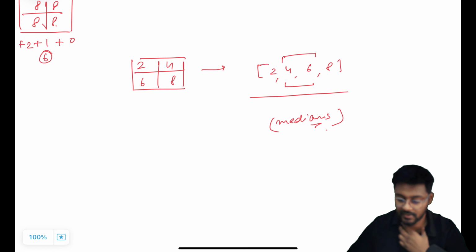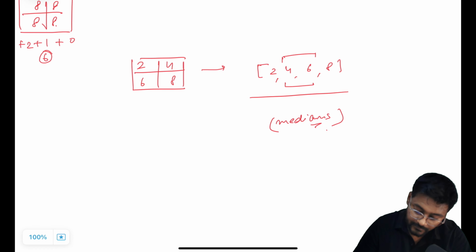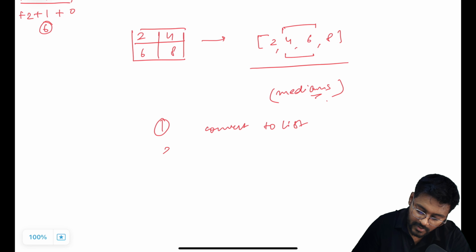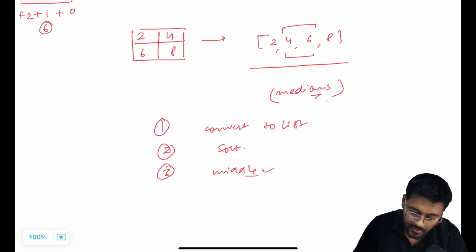So what I did is, first of all, I converted the grid to a list, and second, I sort it. Third, I will pick the middle element and choose that element.